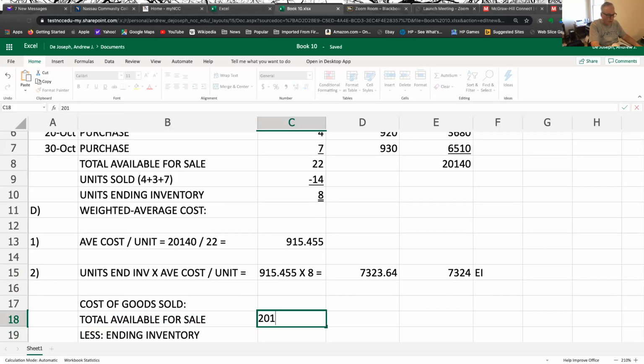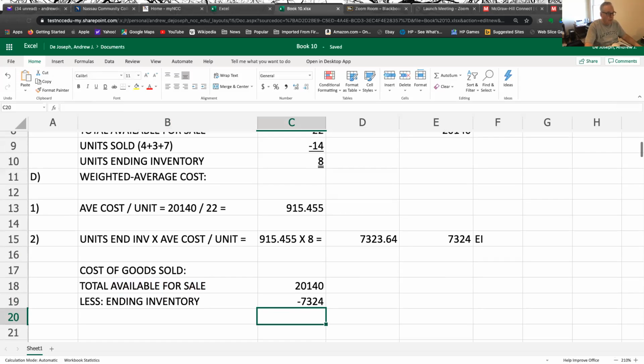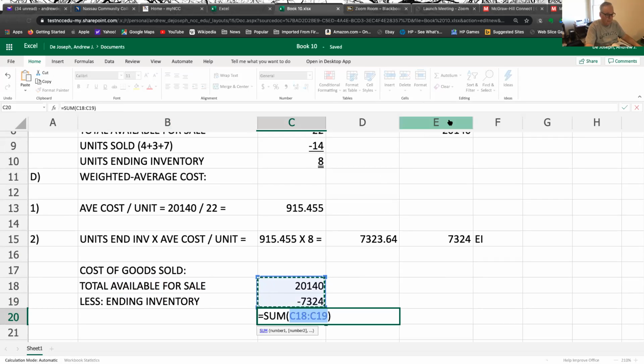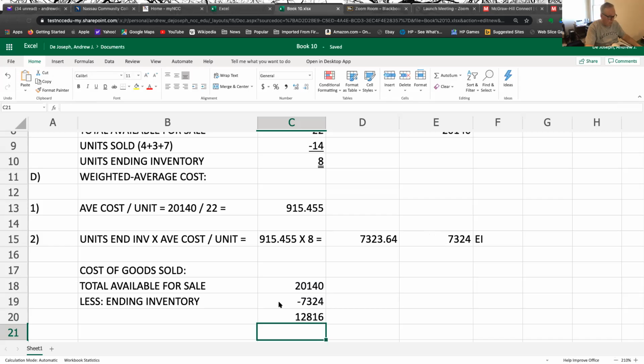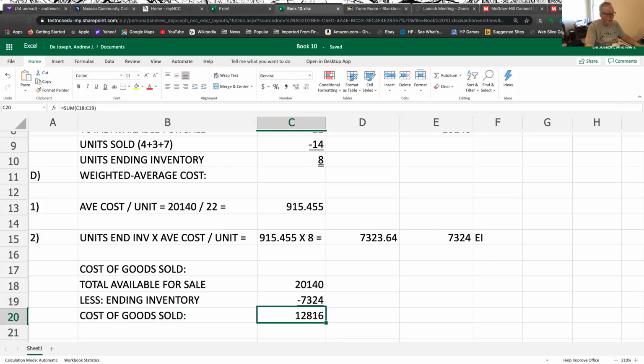It's 20,140. What's the ending inventory? 7324. So what's cost of goods sold? It's 12,816. Right? So this is cost of goods sold, 12,816.